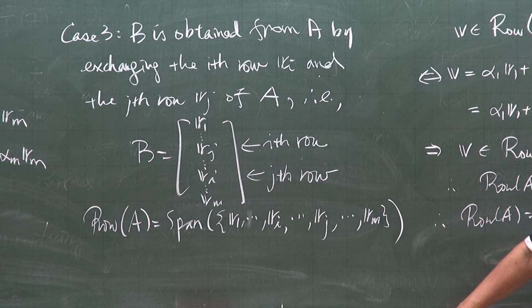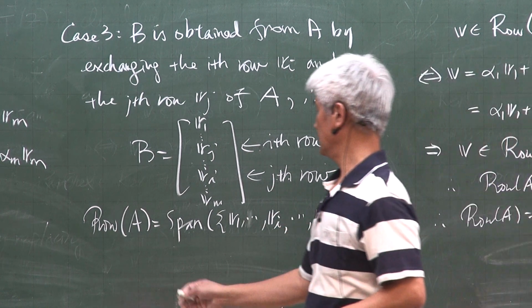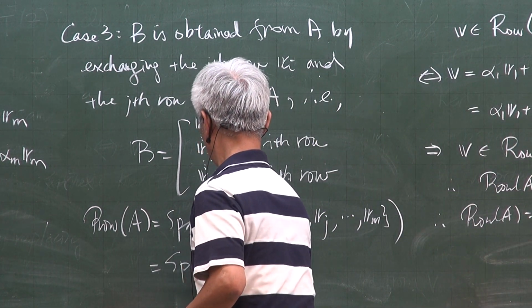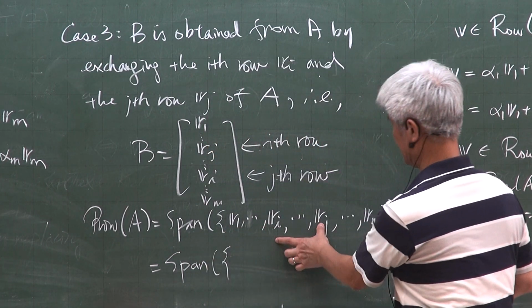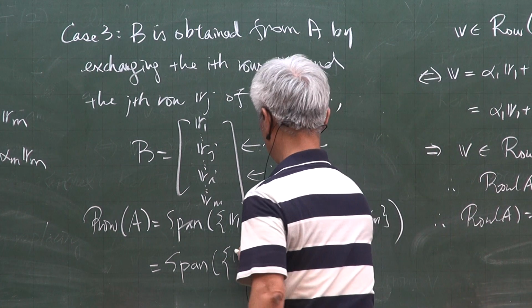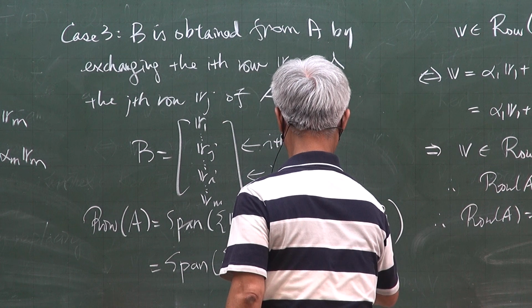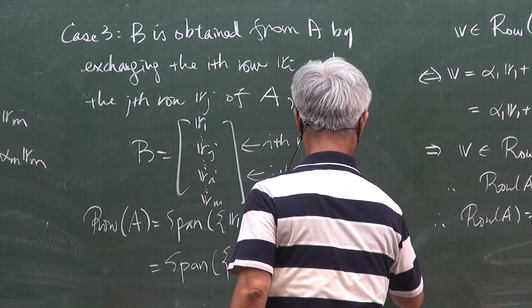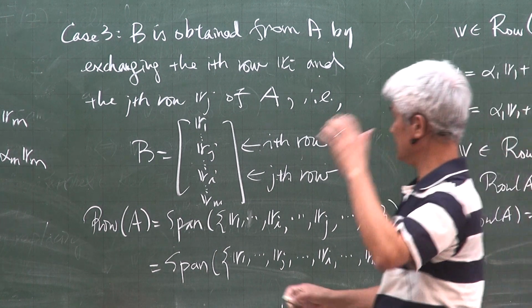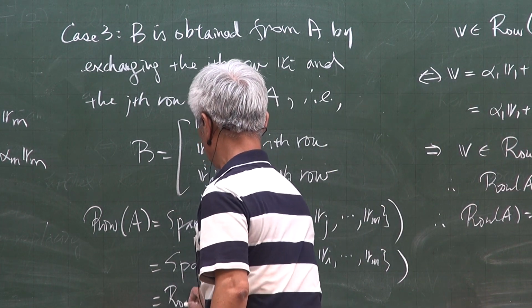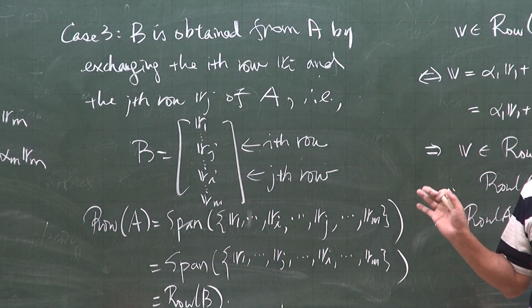The row space of A is just the span of the rows of A. Now, because it's a set, if we exchange the positions of i and j, we will get the same set. And this is exactly the row space of B. Right? So we have done case 3.